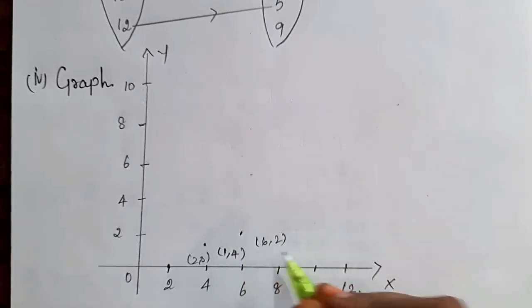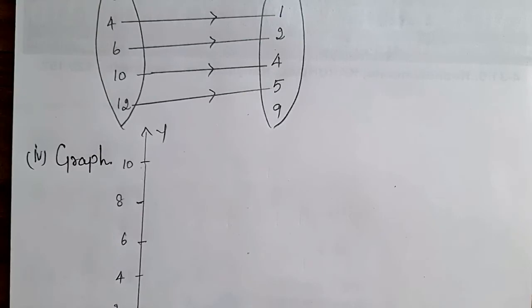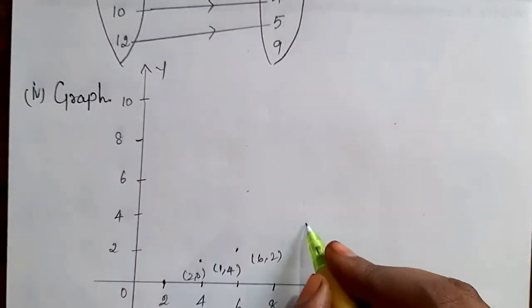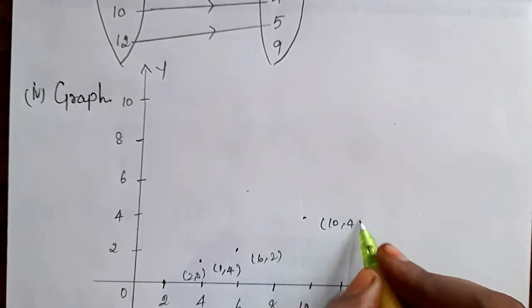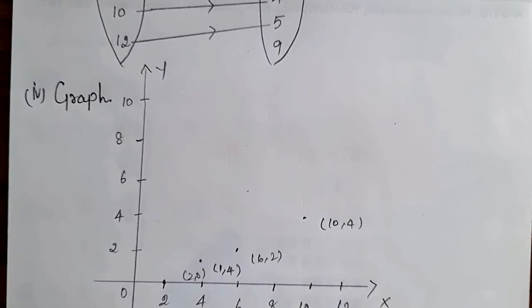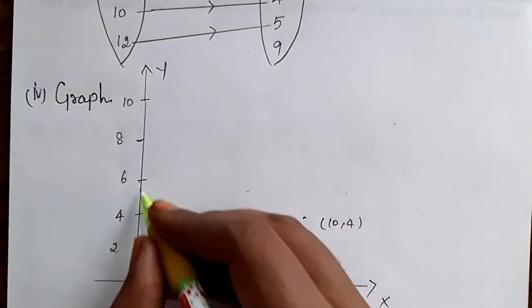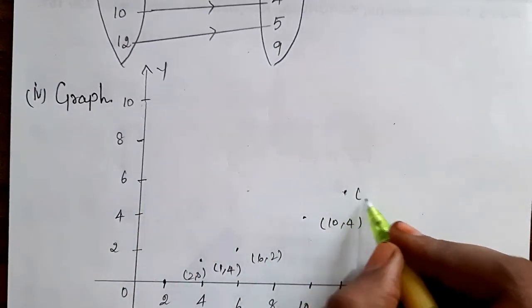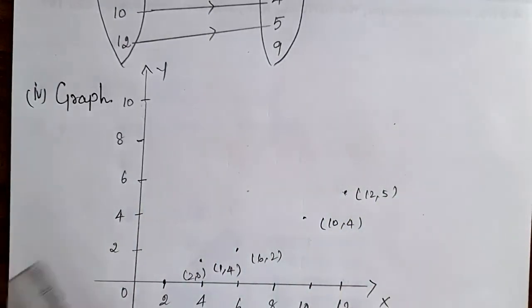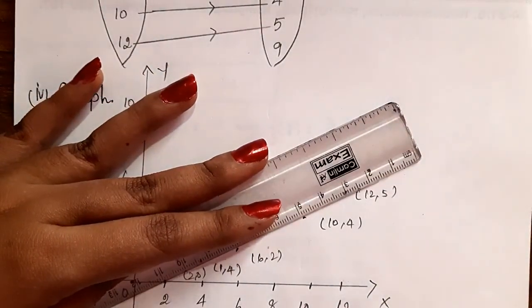Next one is 10, 4. So 10 is here, 4 is here. Then 12, 5. 5 is in between 4 and 6. So 12, 5. Next you can join.